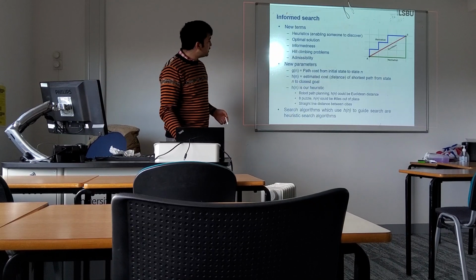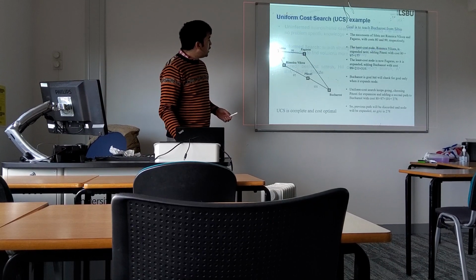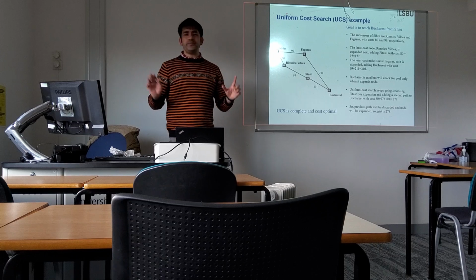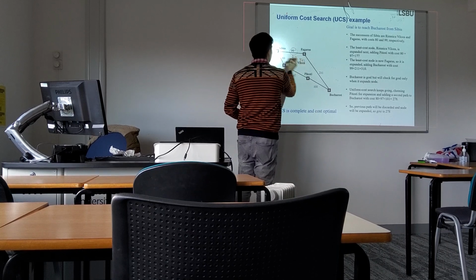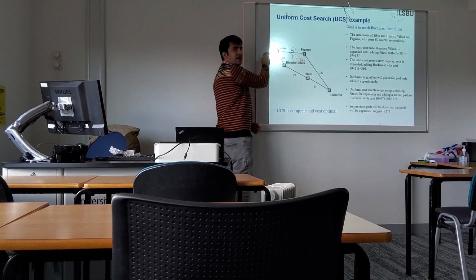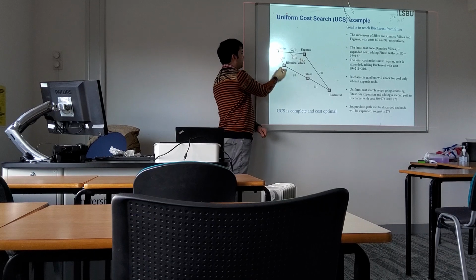Okay, one last thing: whenever you see any diagram, if you see anything between nodes, that is the path cost, G of n, and if there is anything written just next to the node, for example 10 or 12, this would be your heuristic.